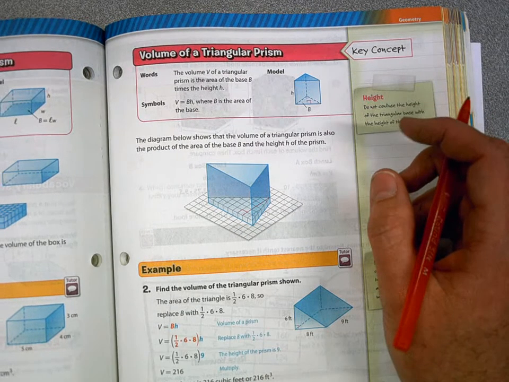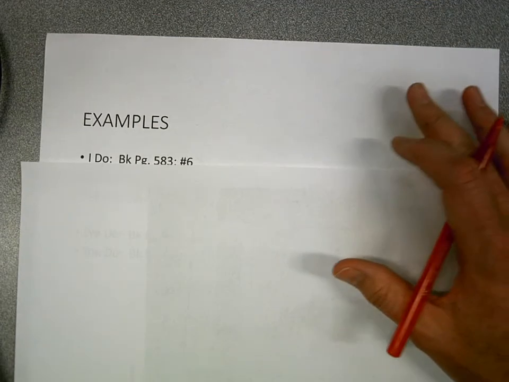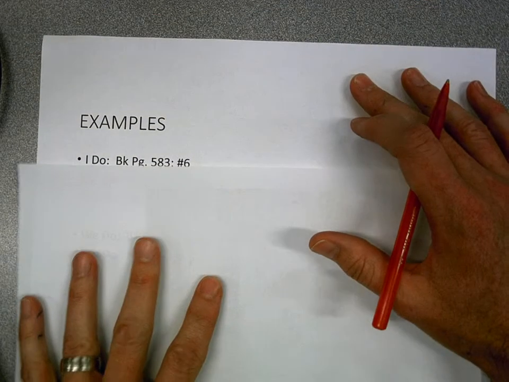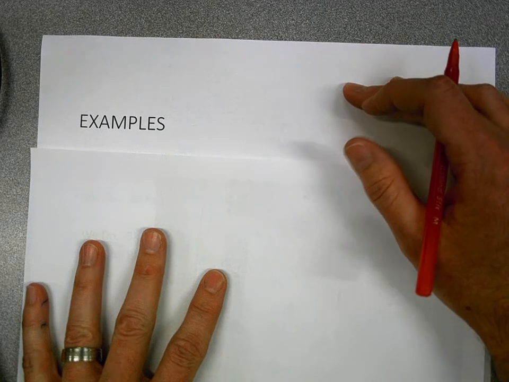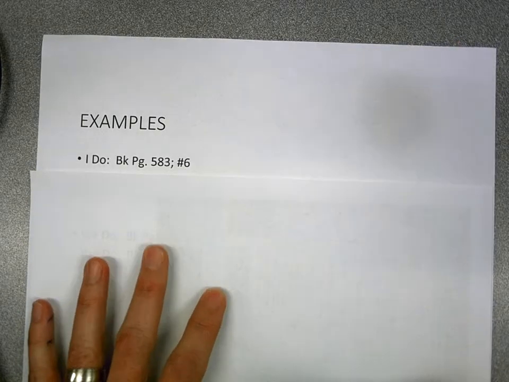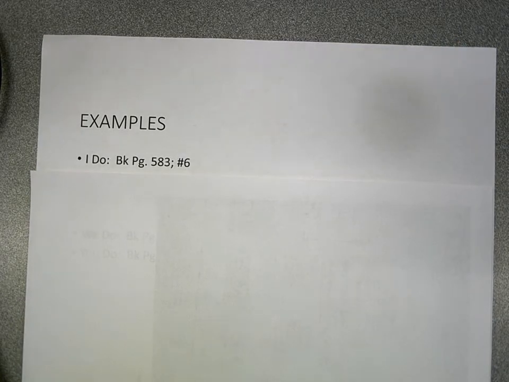All right? So, with that said, let's go ahead, and I want to look in your book at problem. Let's just start on page 583 at problem number 6. Okay? Now, this is just one that I'm going to do. You don't have to do this. It's on your homework. I'll let you copy it down in just a bit. I just want you to put down your pencil and watch.